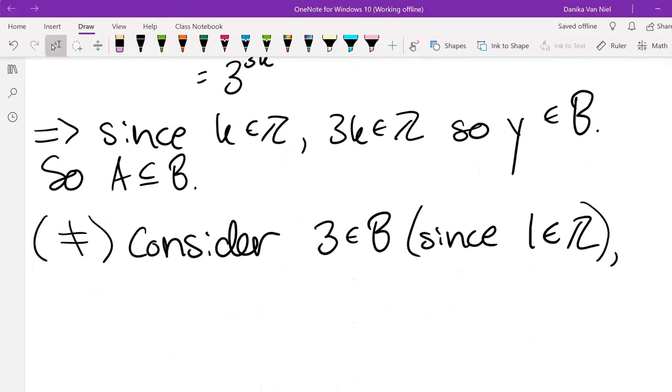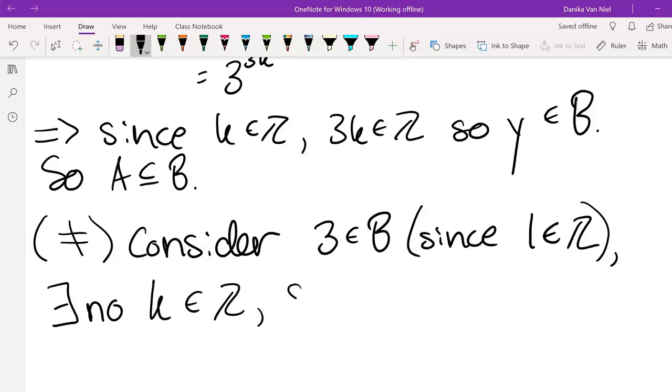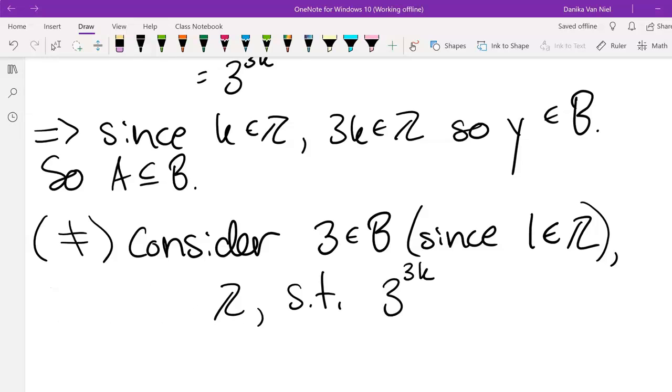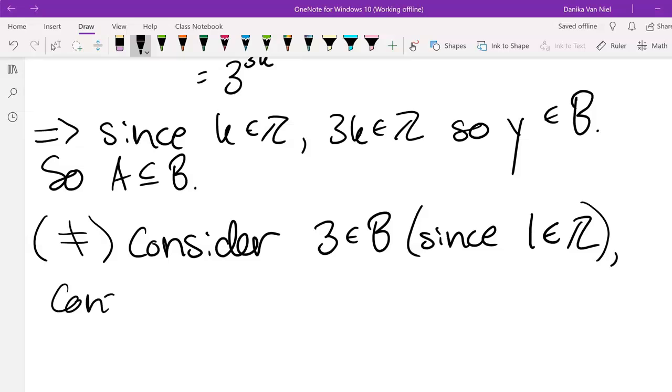So maybe there exists no k in the integers, or maybe we could use a different letter, that's fine too, such that 3 to the 3k, k in the integers.